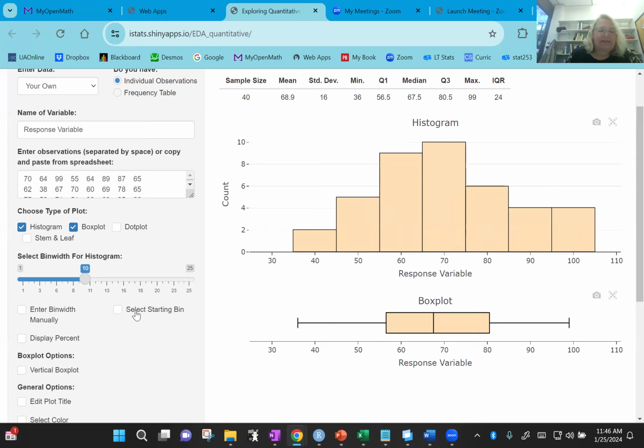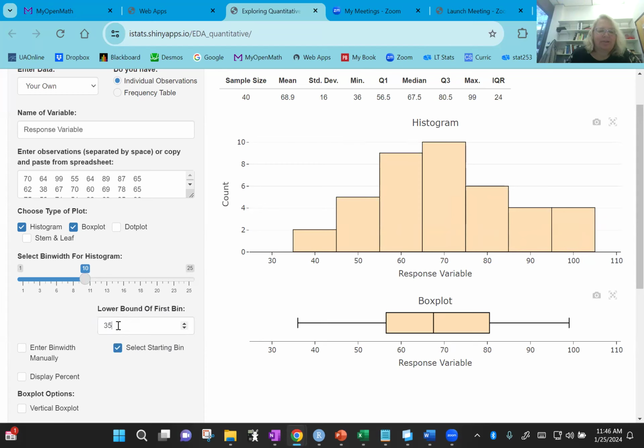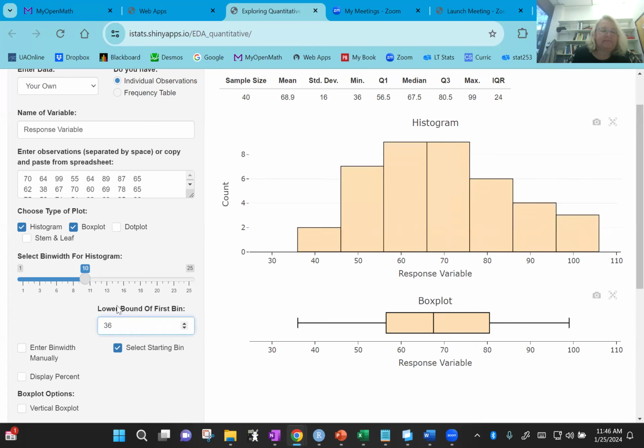Then I'm going to select my starting bin where I want to, which I started at 36. So now that I do that, this has 1, 2, 3, 4, 5, 6, 7. So this now has 7 bins.